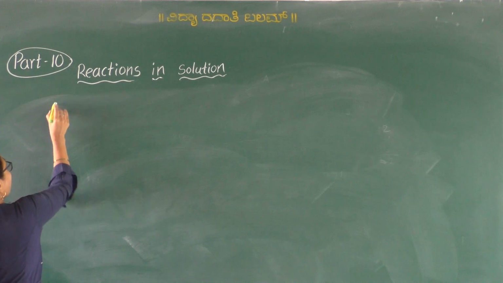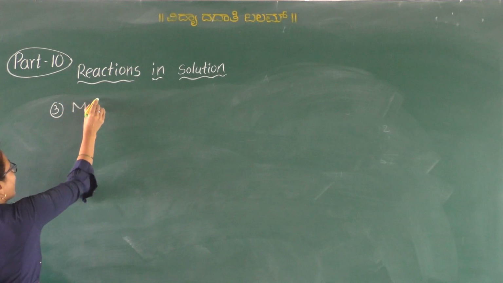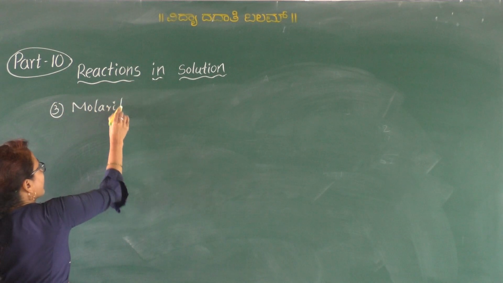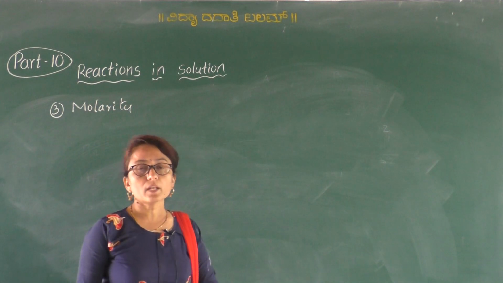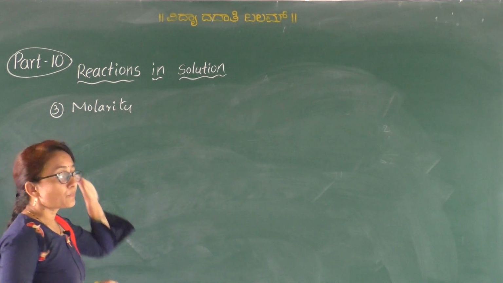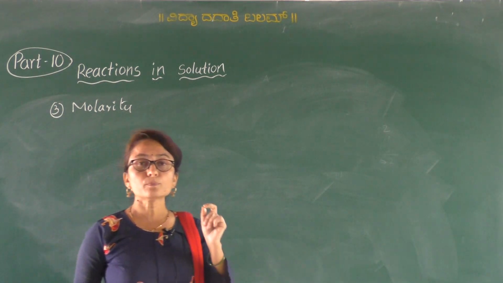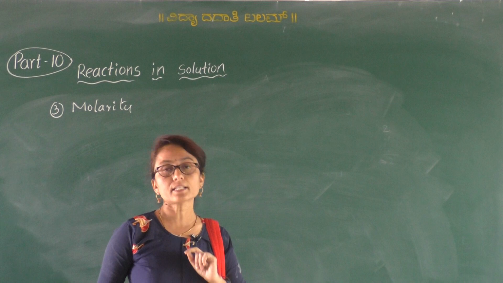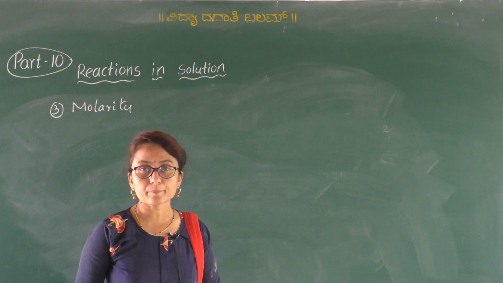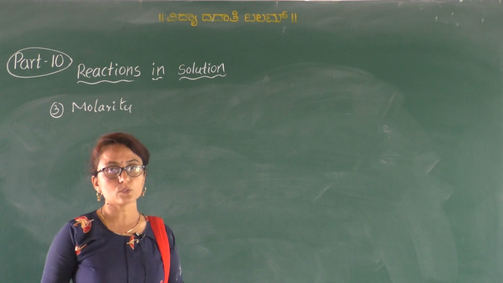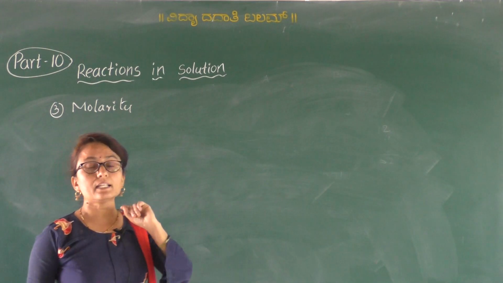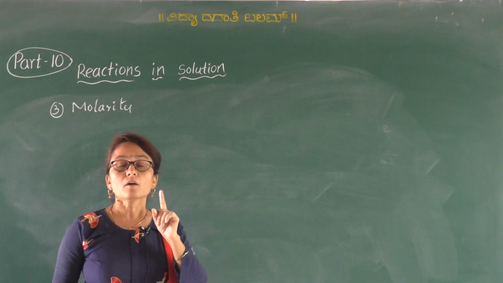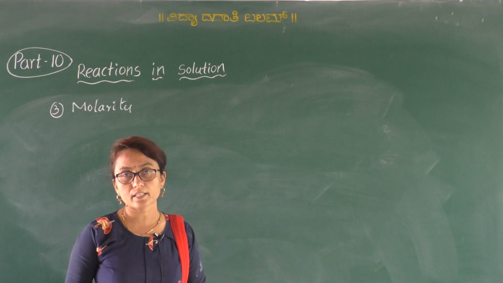So then the third concentration term is molarity, and the fourth one is molality. Okay. So molarity is defined as the number of moles of solute present in 1 dm cube or 1 liter of the solution. Here the amount of the solute is taken in number of moles and the amount of the solution is taken in volume.